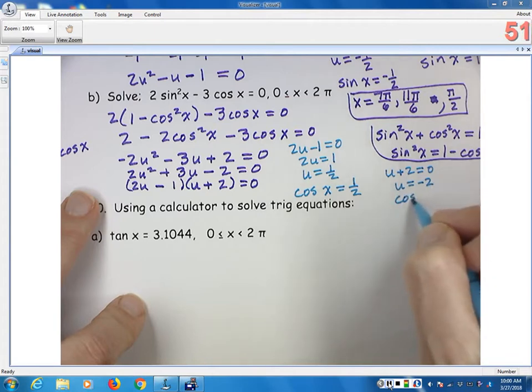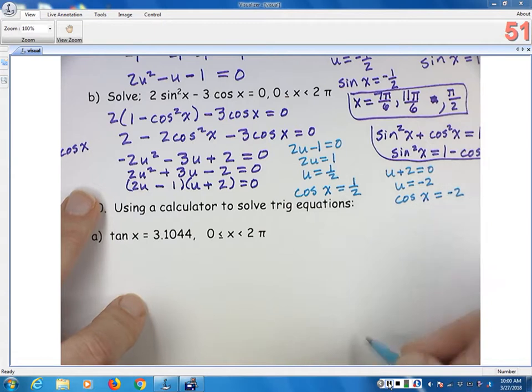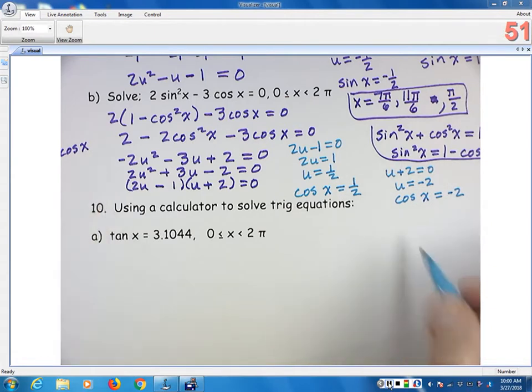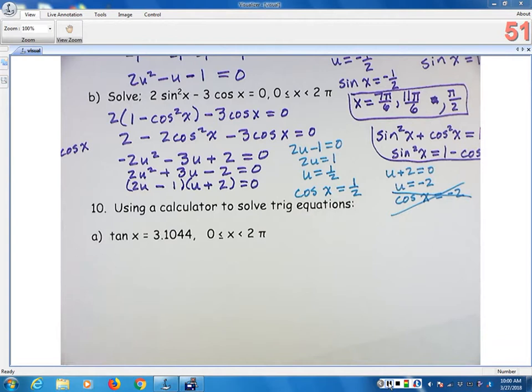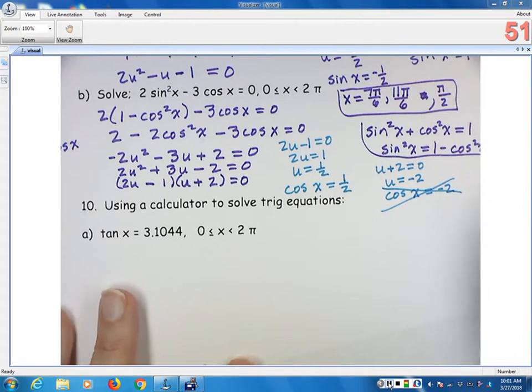Cosine x equals minus 2. Can cosine x ever equal a number more than 1, or less than negative 1? So there's no solutions from this. Not possible.